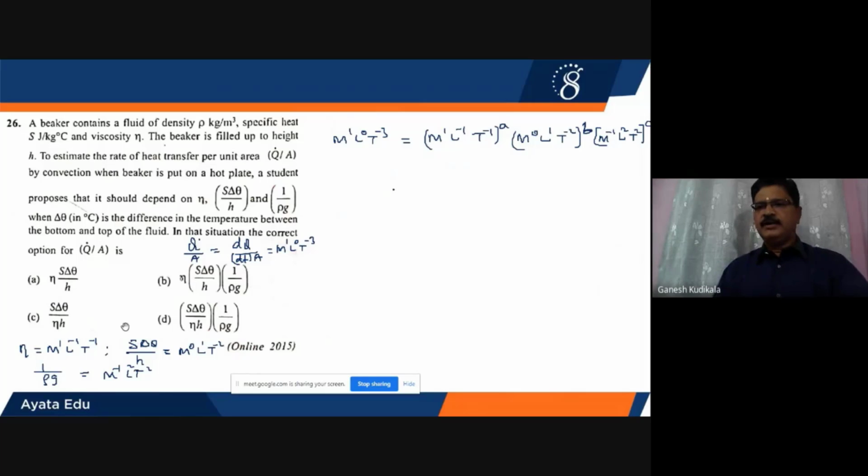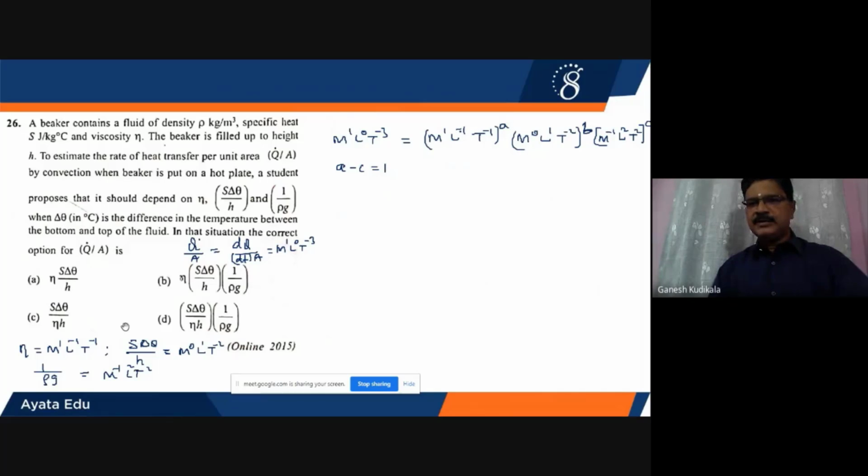So definitely we require the three values of A, B, C, then only I can substitute them and get the exact relation between them. So first let us compare the masses here. Here A, here 0, here minus C. Therefore, A minus C will be equal to 1.